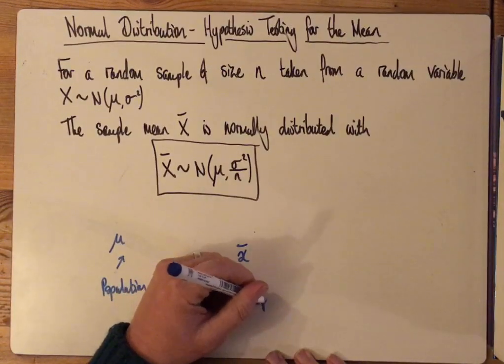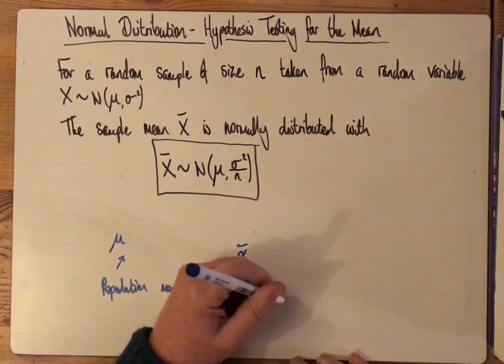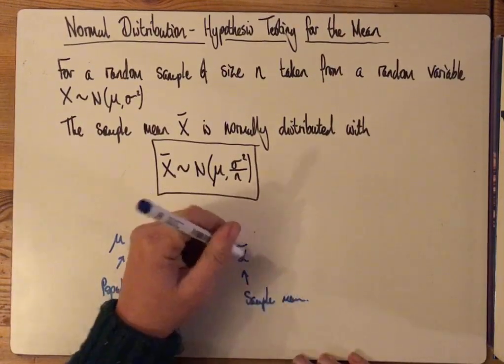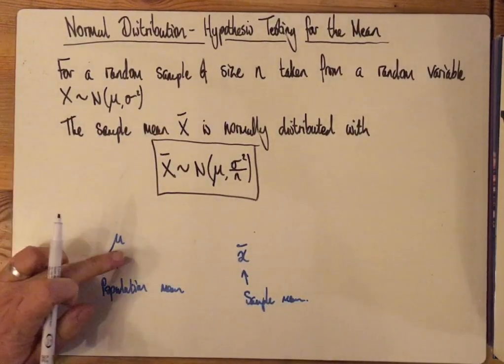So when you're taking a sample from a population, you use x bar, the sample mean.